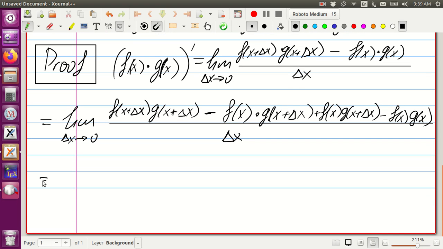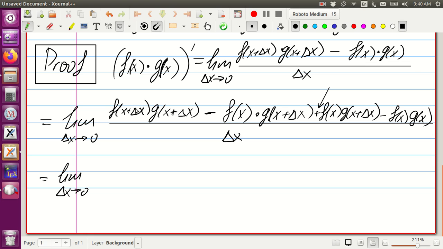So now we have to combine some expressions together. I'm going to combine the first expression with the second expression. And then because I have a plus over here, I can split it into two different fractions, which we did before. So it's not really new to us.